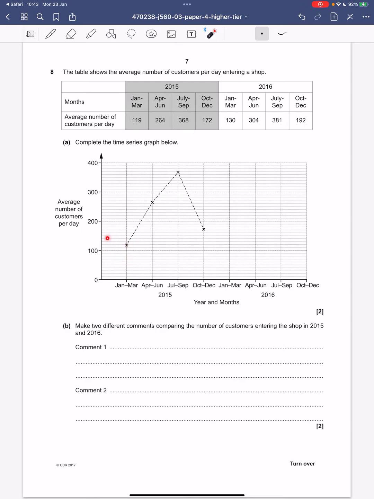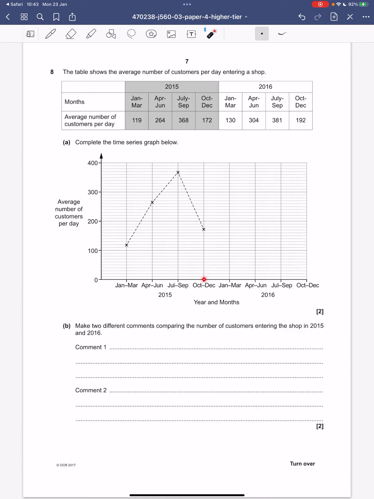Yeah, so it's just slightly below the second one. April to June, 210, 220, 230, 240, 250, 264, so it's close to the middle there. July to September, 368. October to December, 172.